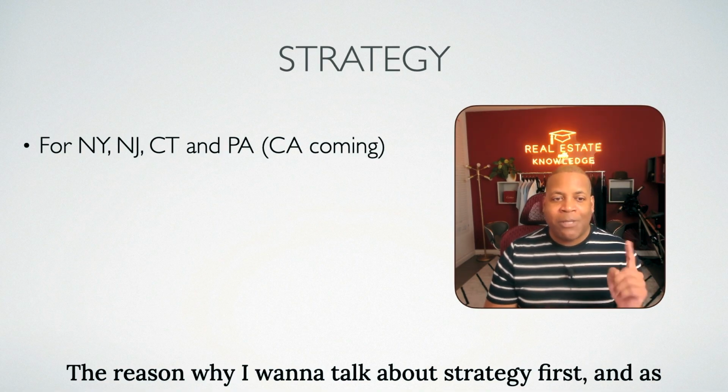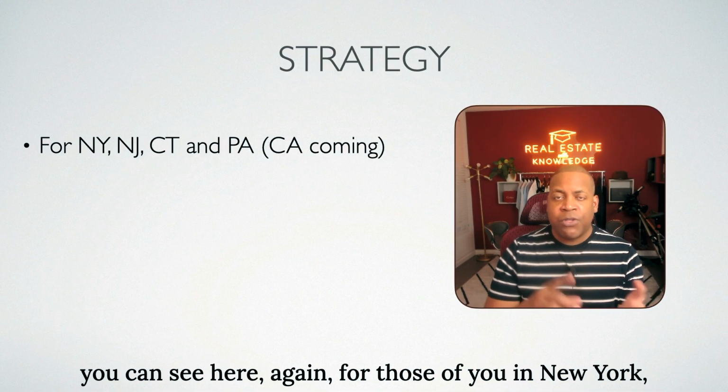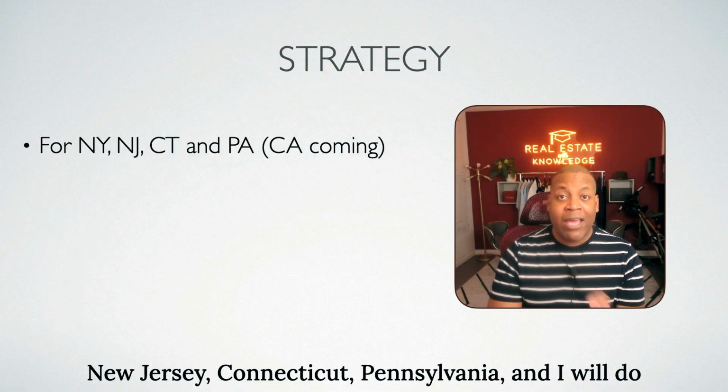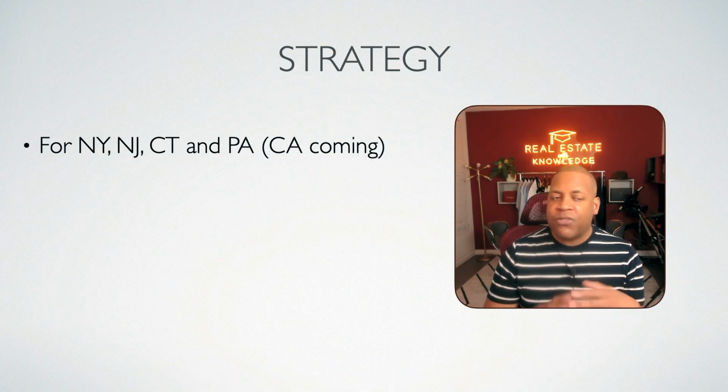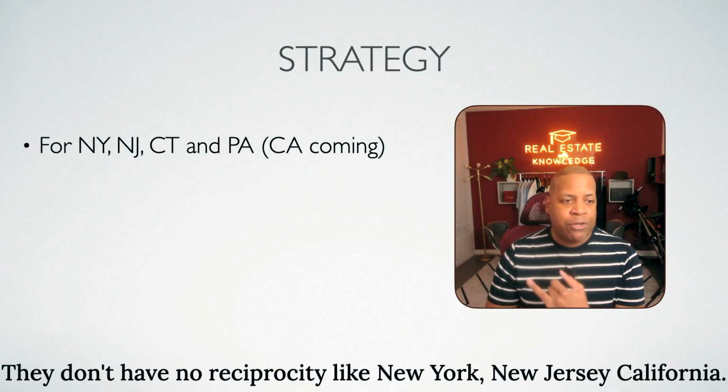The reason why I'm going to talk about strategy first, and as you can see here, again, for those of you in New York, New Jersey, Connecticut, Pennsylvania, and I will do a separate video for those of you in California. A lot of these states don't have reciprocity like New York, New Jersey, California.